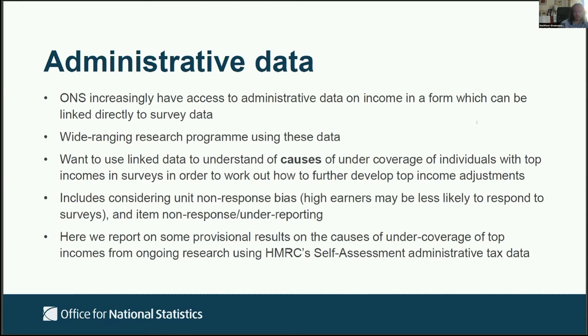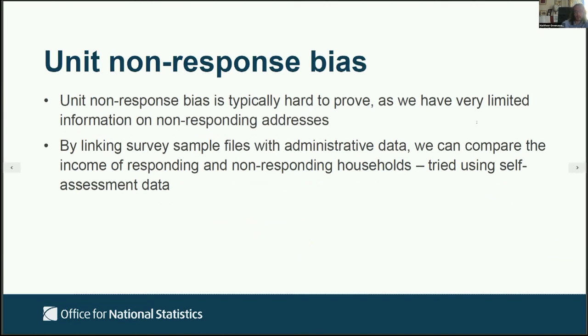Or perhaps it's just underreporting of income for higher earners across the board. In reality, it's likely to be a mixture of these things, but we want to understand what that mixture is in order to better develop our top income adjustment that Dom's just talked through. And I'm going to talk a little bit about how we've tried to start doing that with HMRC's self-assessment data.